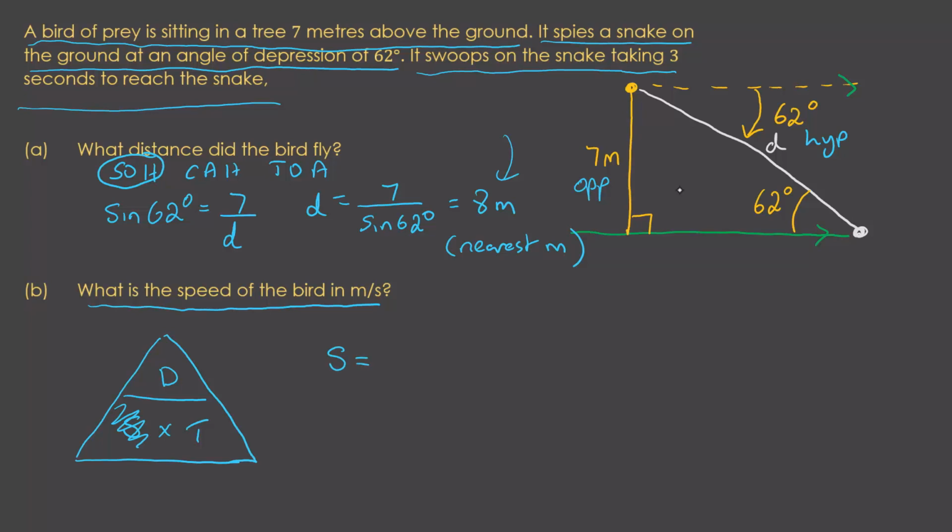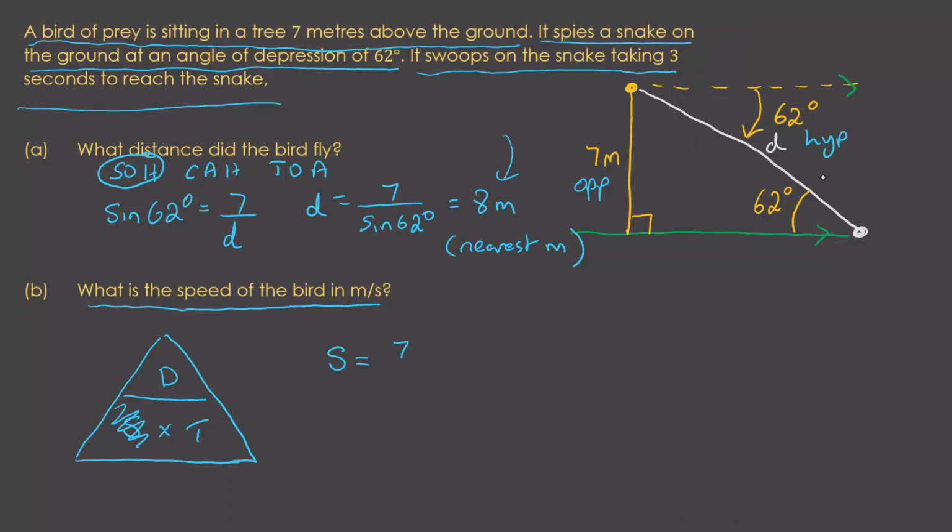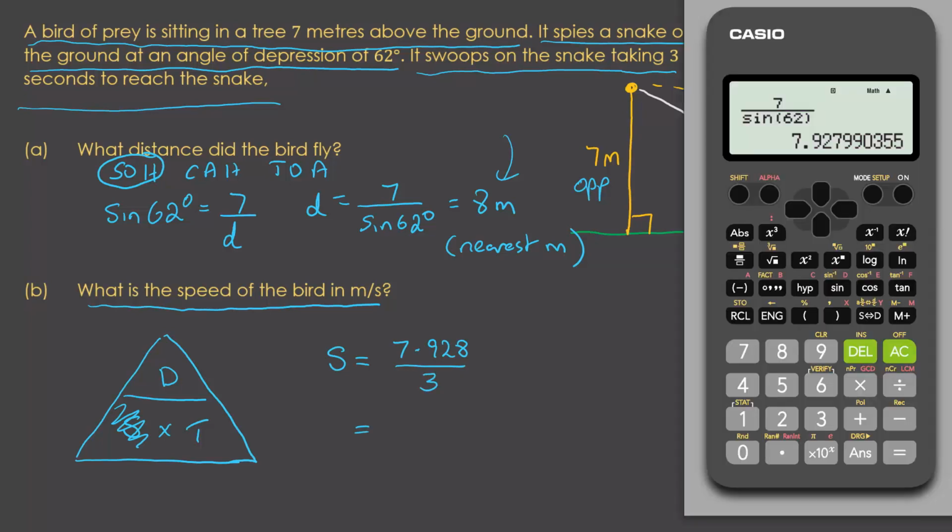The distance we just said was 8. Let's actually use a bit more of that, 7.928, divided by 3. So let's just divide that by 3.